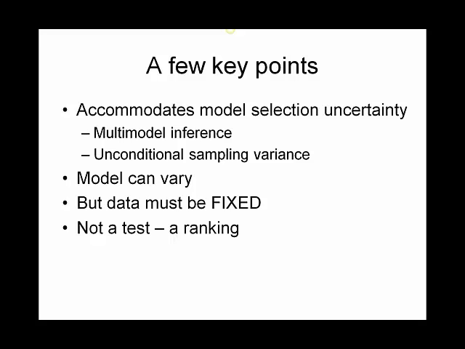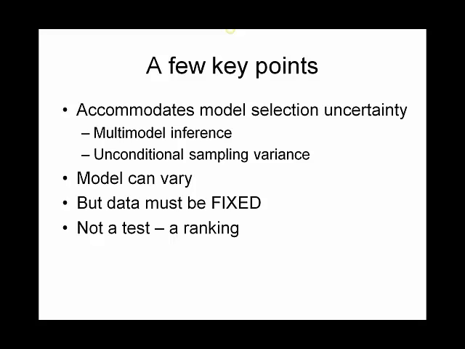So even though we've picked one model as the best model, other models may also have some probability of being a better model, even though in this particular instance they haven't turned out that way. We can accommodate that uncertainty using what's called multi-model inference, which I'll cover in another topic, and by calculating what's called the unconditional sampling variance.